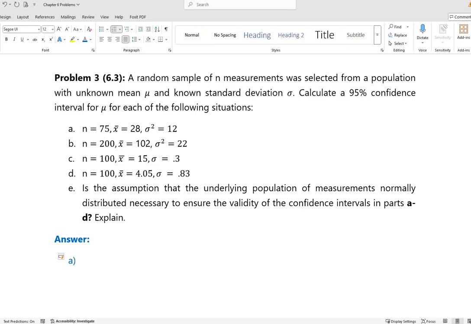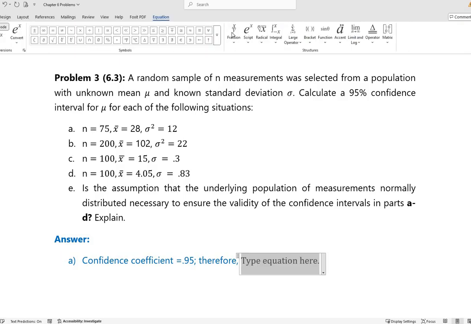Let's go to A. So our confidence coefficient is given. The confidence coefficient is equal to 0.95, or 95%. Therefore alpha should be 1 minus 0.95, so it's equal to 0.05.